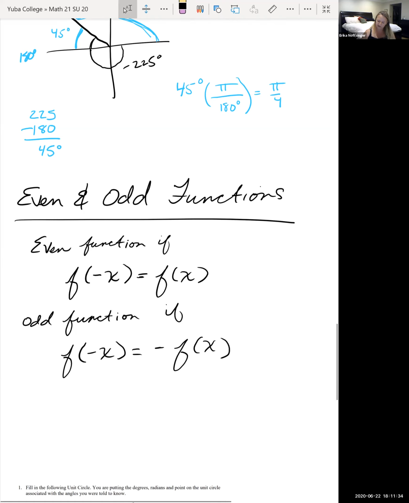Just a little note if you don't remember: even functions are symmetrical across the y-axis, and odd functions are symmetrical across the origin.